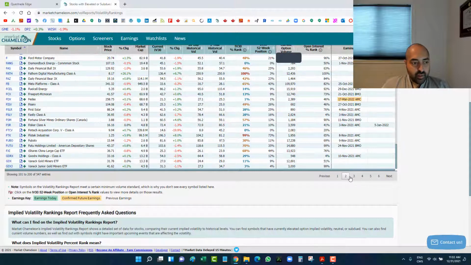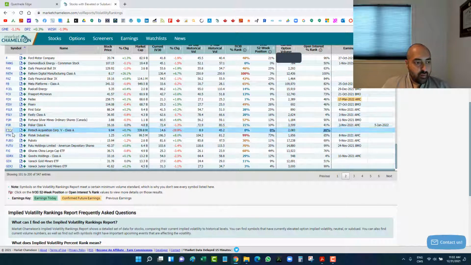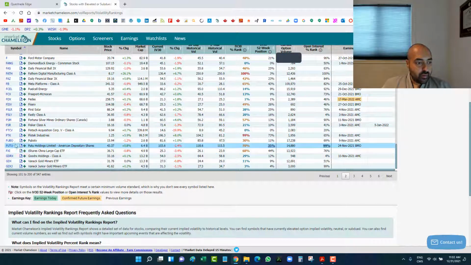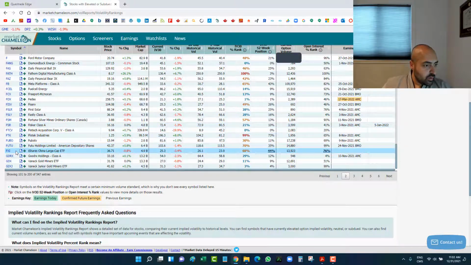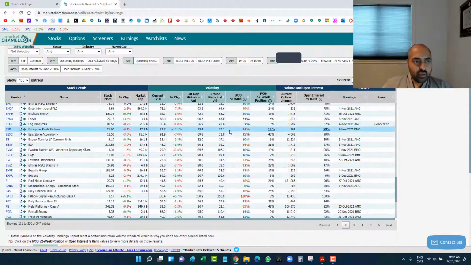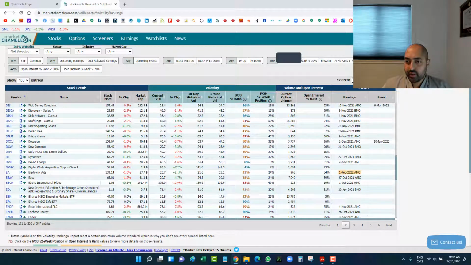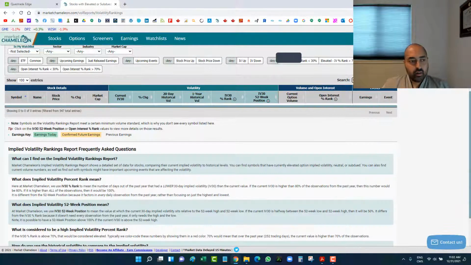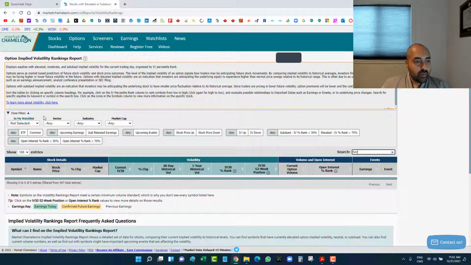All right, second page. FV. Why isn't it there? That's interesting. Fiverr is not showing. FVRR. Wow, that's interesting. What did I do wrong?